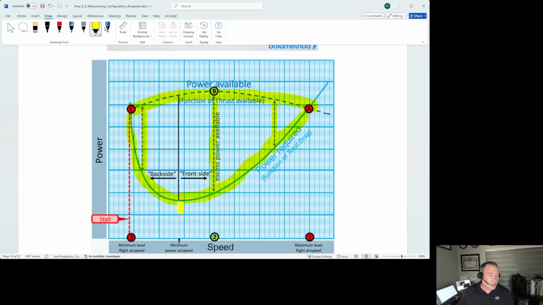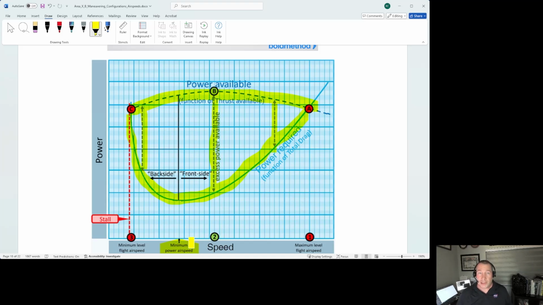Now, this is the point where we have the minimum of drag. Okay, that's where the airplane is the most efficient. Here, we call it the minimum power speed or minimum power required speed. Okay, this is really important. If you are this far along in your ground school, for example, you'll note that that is typically really close to your best glide as well, and your maximum endurance speed.